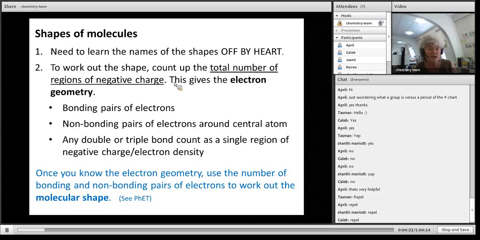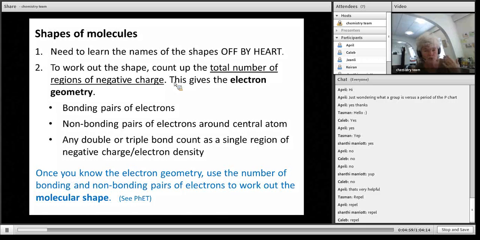If there were 3 areas of negative charge, the most they can repel each other is 120 degrees, because in 3-dimensional space it'll still be planar with 120 degrees between them. If you've got 4 regions of negative charge, then you get a tetrahedral shape, and that's 109 degrees.